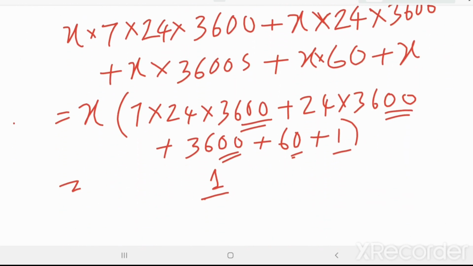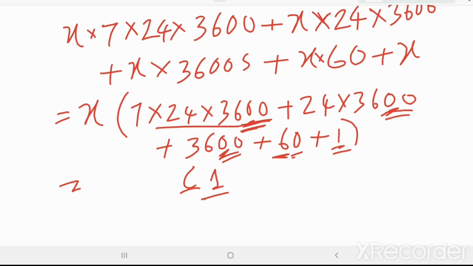Now what will be the digit in the tens place? Here in the tens place there will be 2 zeros in this product, so the tens place digit equals 0. Here also 0. Then finally in 60, the tens place is 6. Here there is no tens place.